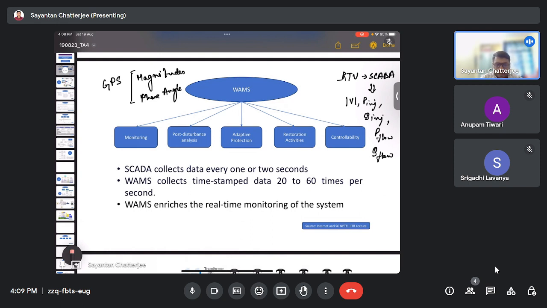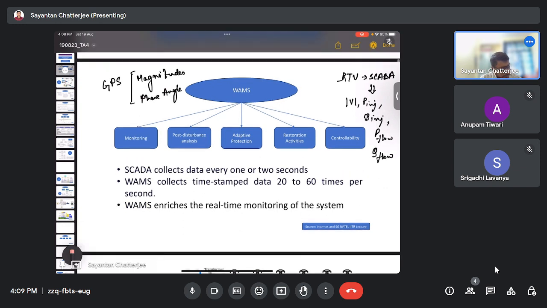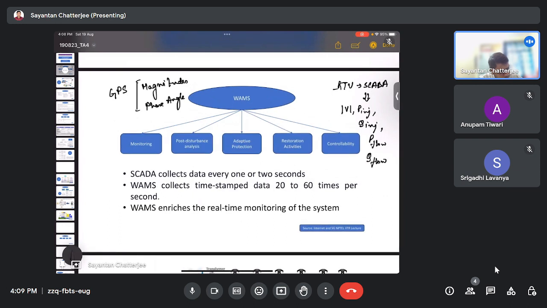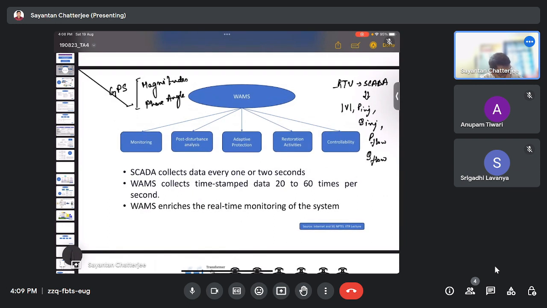The problem was that we need to find the base operating magnitudes and the phase angles of all the buses, so that we have the entire picture of how the power system or the grid is operating. So the base states are the magnitudes and the phase angles.